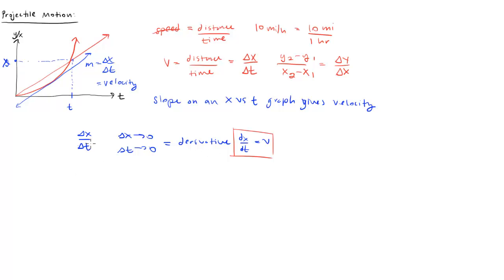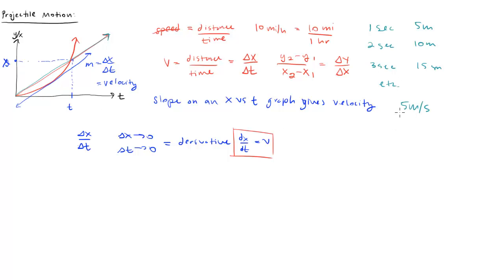So if you have an x versus t that's just constantly increasing, so after 1 second I've gone 5 meters, 2 seconds, 10 meters, 3 seconds, 15 meters, etc., then you can tell that I'm going 5 meters per second.